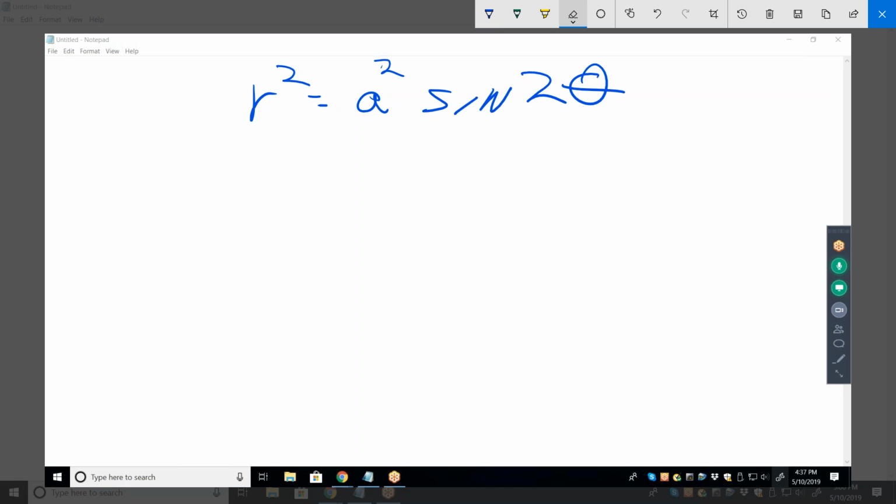Now, the last one that they have in my book that's of interest is called the Archimedes spiral. Oddly enough, they don't call it that in my book, but I know that's what it is. They call it a logarithmic spiral.